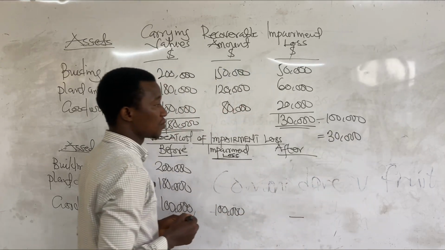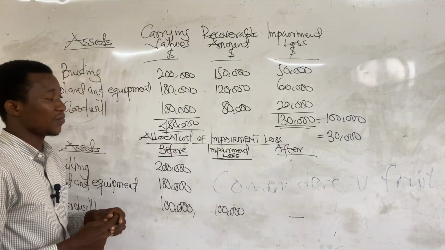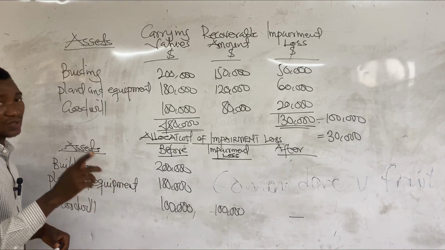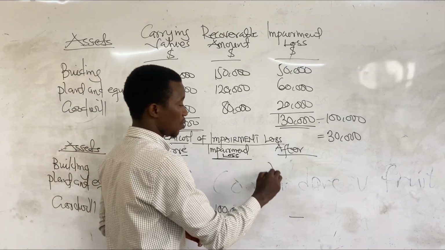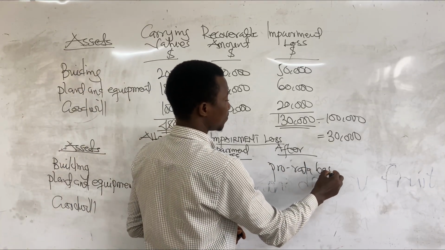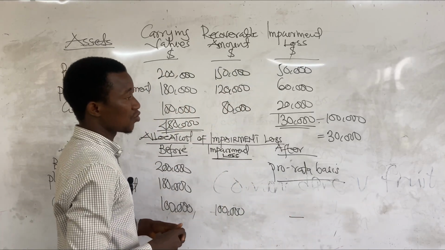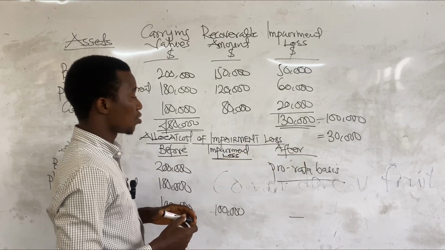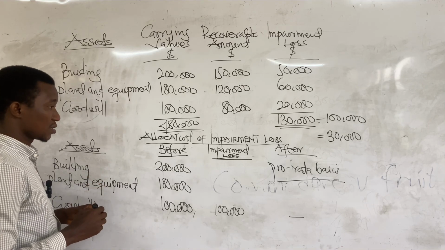The question now comes is, how do we allocate the remaining 30,000 of an impairment loss to the remaining tangible non-current assets? That is what I said, we do that on a pro rata basis. The pro rata basis has to do with the total remaining impairment loss over the remaining assets.